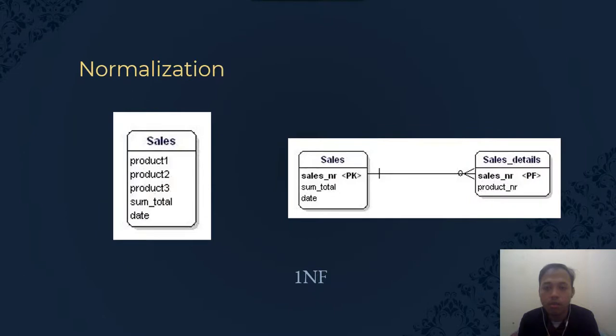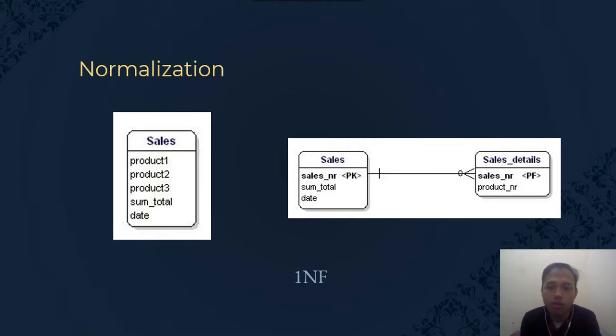The sixth step is normalization. Normalization is done to reduce the redundancy of the table. If you take a look at the cells, this is not normal because we have 3 products in one cell.